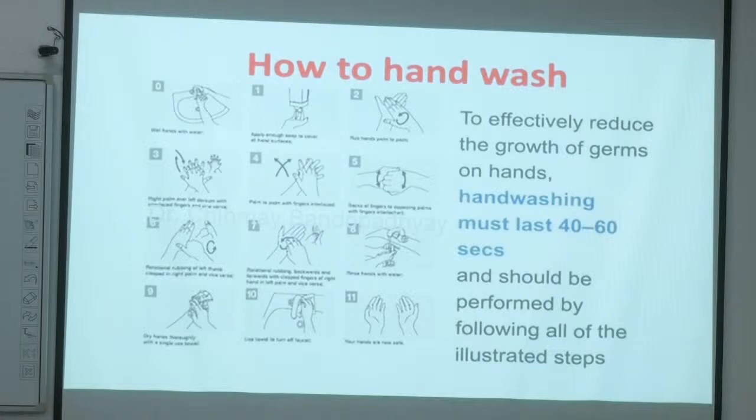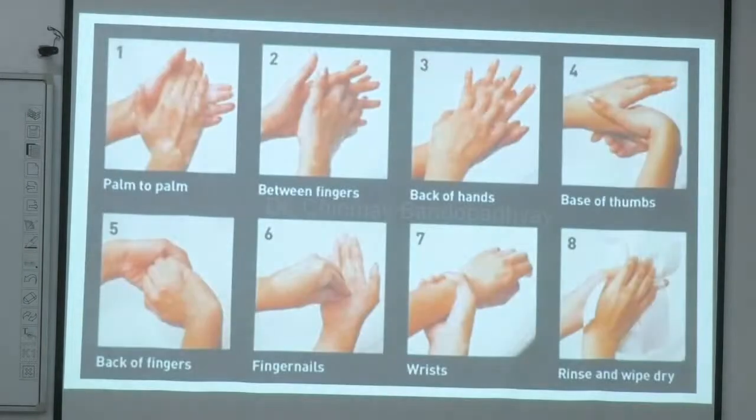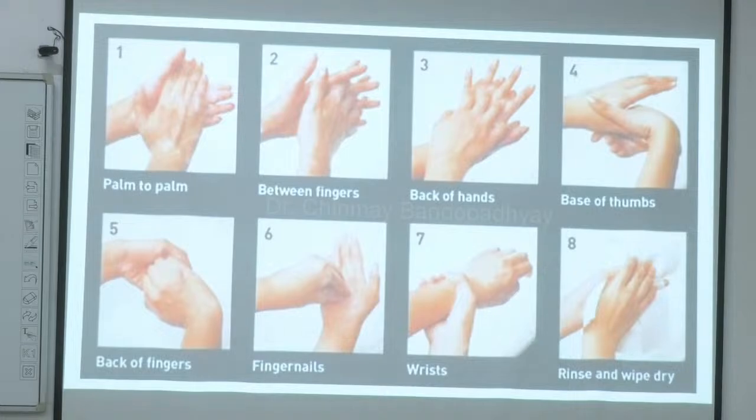For hand rub, it takes only 20 to 30 seconds. I will go through the process elaborately one by one, and in total you have to follow this 7-step process.